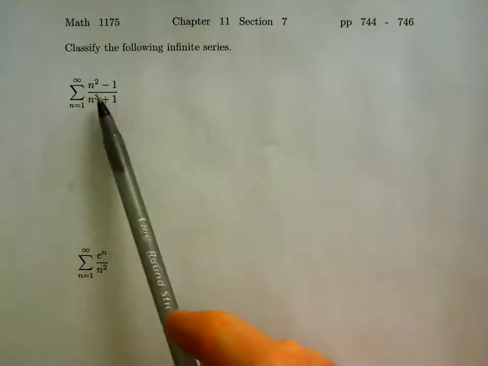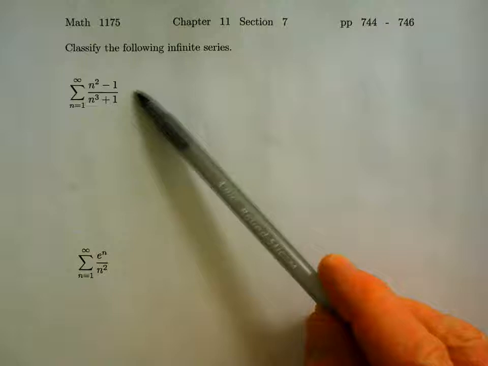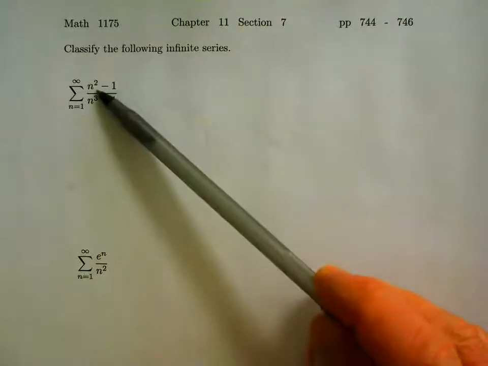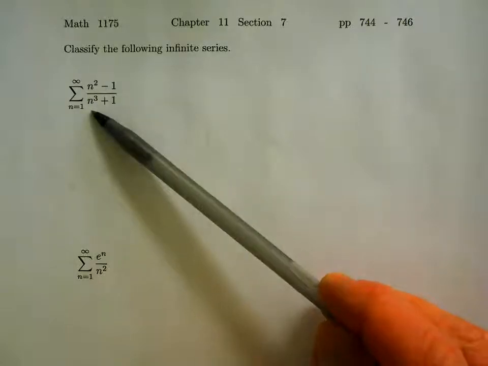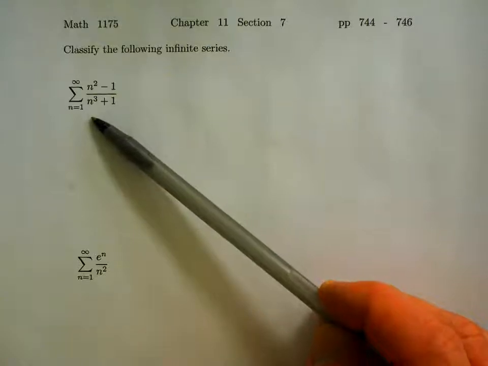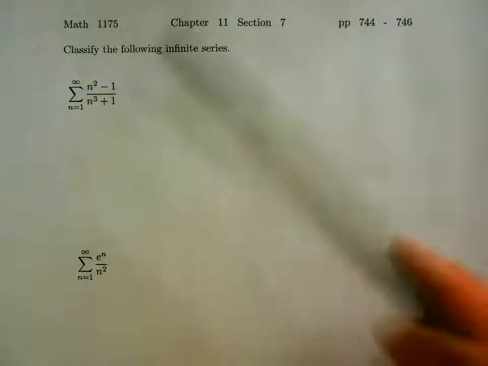The first thing that comes to my mind is, when I look at the term with the largest exponent in the numerator and compare it with the term with the largest exponent in the denominator and simplify it, n to the second over n to the third is 1 over n.